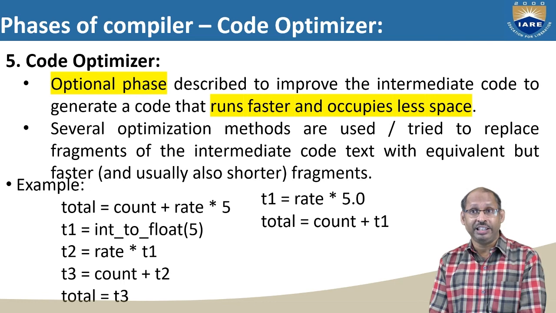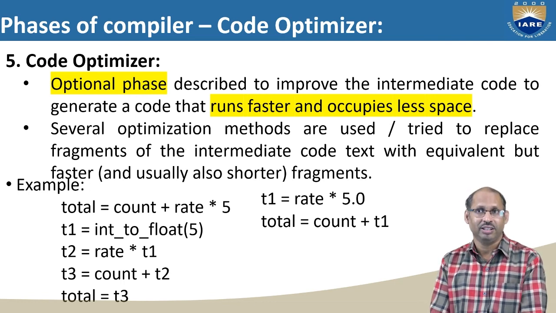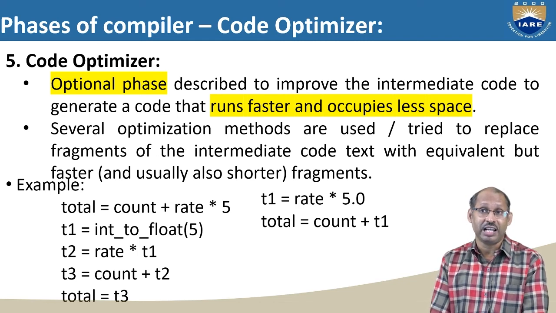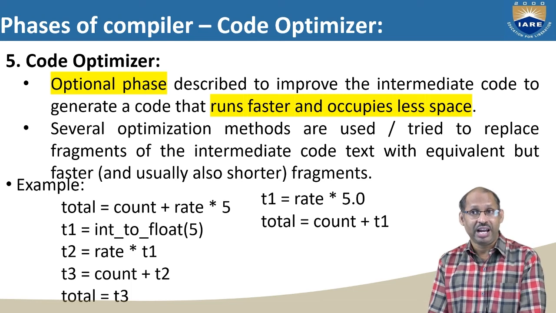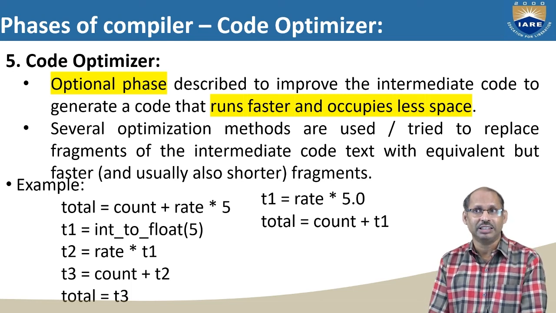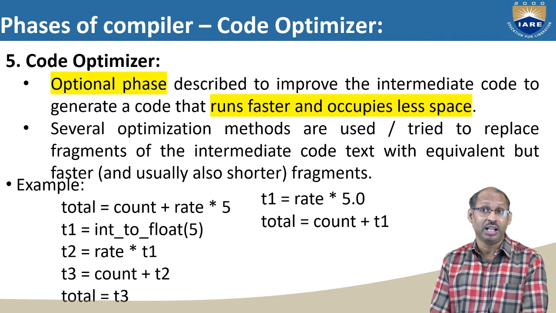If we consider further, there are 7 operations: conversion of int to float, multiplication, addition, and 4 assignment operations.